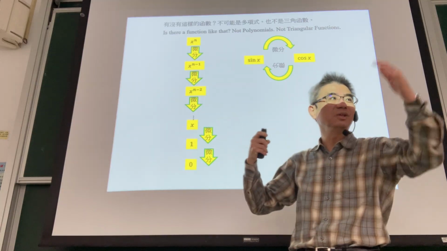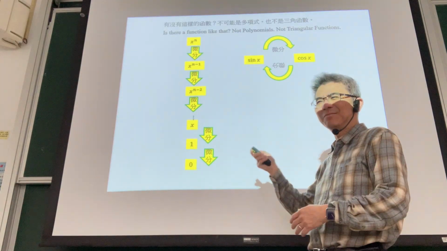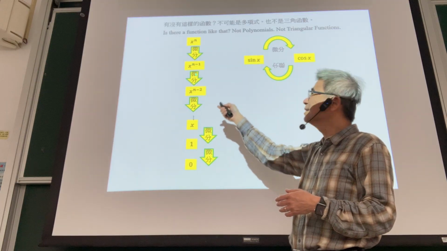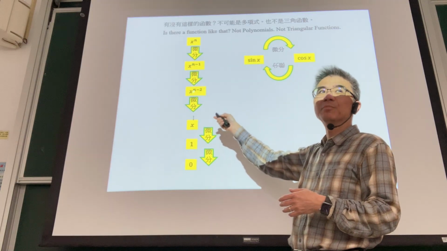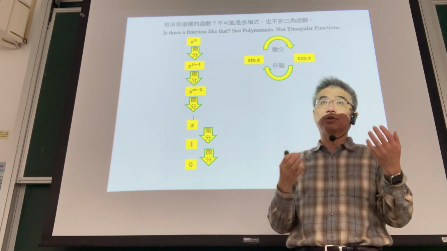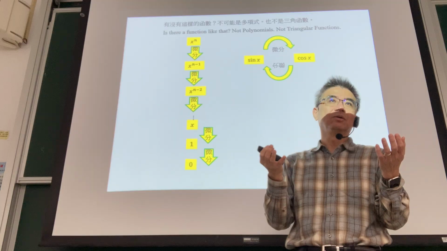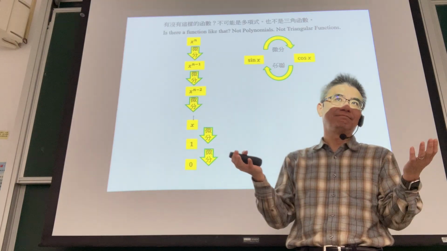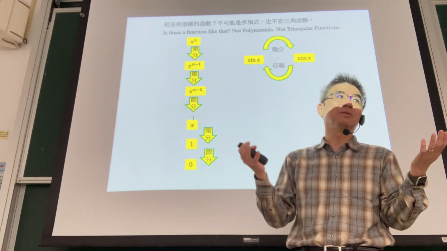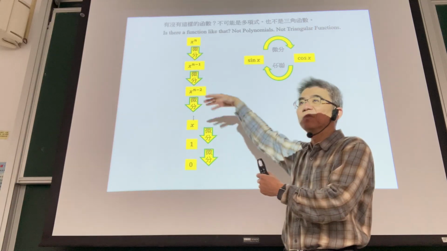So there's no way the derivative of a polynomial could be proportional to itself. No hope. So forget about polynomials.